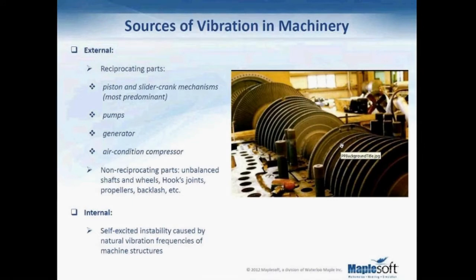The combustion reactions in the engine cylinders cause the gas inside to compress and expand repeatedly, producing a periodic fluctuating gas torque that applies on the piston surface. This causes the piston and slider crank to have a periodic fluctuating motion as well. In most systems, this is the most dominant source of vibrations.